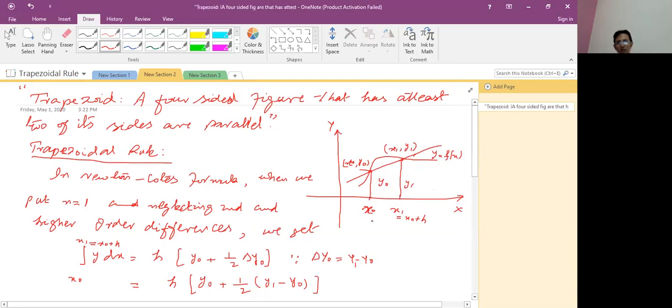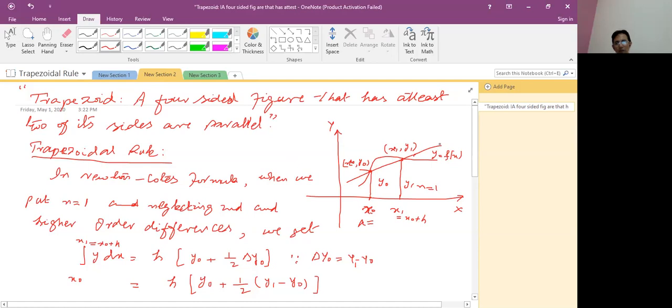So if you consider, student, x naught is called a, the first limit, x naught to x1. If we consider n equal to 1, then x1 is equal to x naught plus h, and the ordinate values are y naught, y1. The coordinate of this point is x naught, y naught, and the coordinate of this point is x1, y1, and y is equal to f of x. It is a curve.